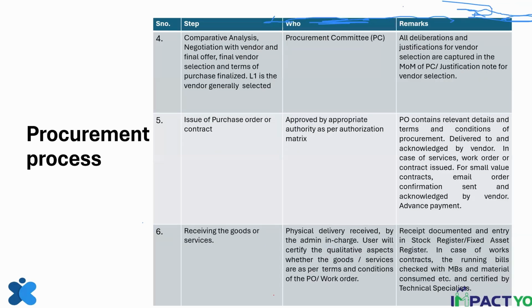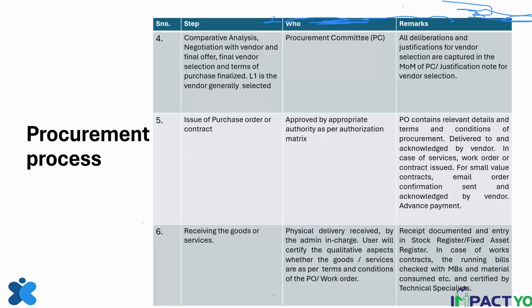Okay. Now, once the bids have come, you will evaluate the bid. Who evaluates the bid? The procurement committee. Generally, a lowest one is considered if it is a standard product. But if it is not a standard product or service, then we might have other methods of procurement. Okay.